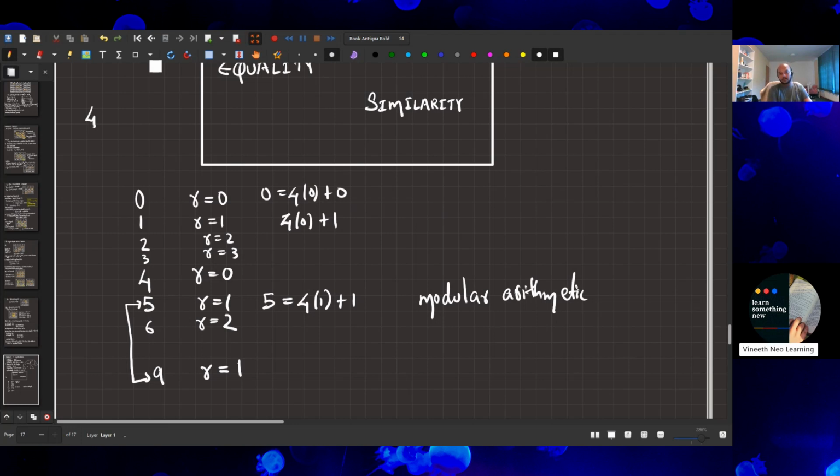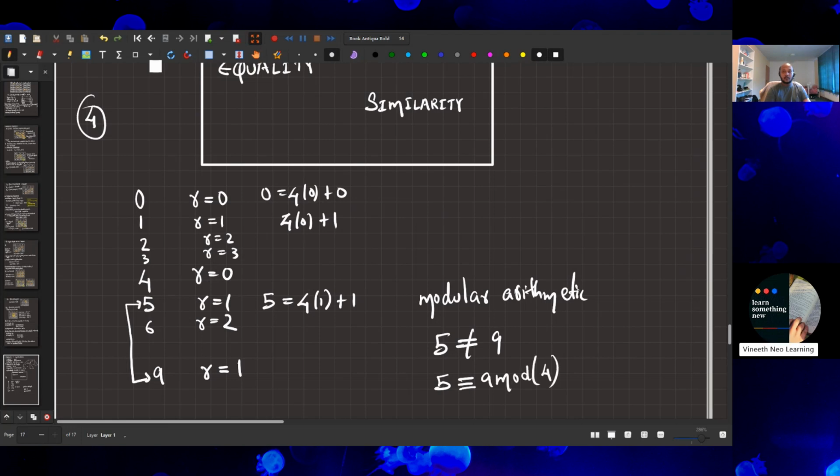If we strictly consider equality, 5 is not equal to 9. We know that. But if we consider the remainder with 4, we can say that it is written as 5 congruent to 9 mod 4. I don't know if you heard about this notation.